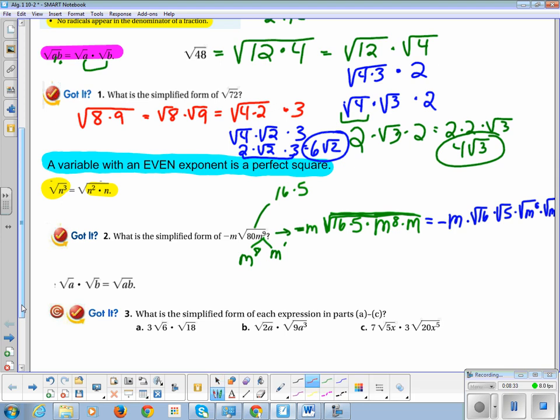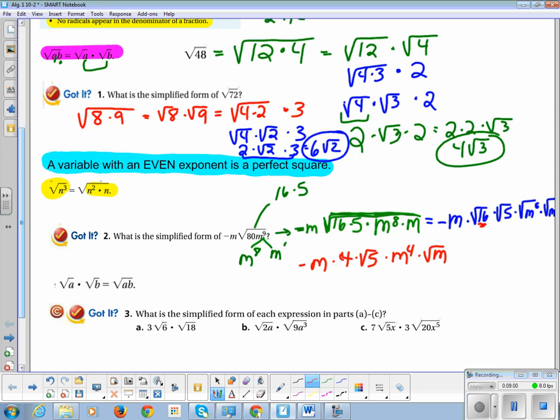Let's simplify that down. I got negative m, he's still there. The square root of 16 is 4. Square root of 5, 5 is not a perfect square, so it just stays the square root of 5. Square root of m to the 8th, cut the 8 in half: m to the 4, and the square root of m is just the square root of m.